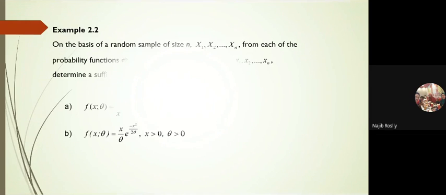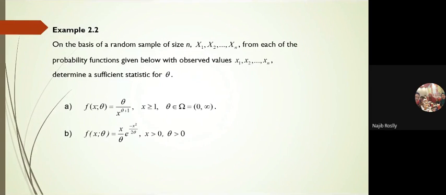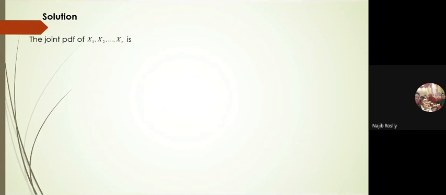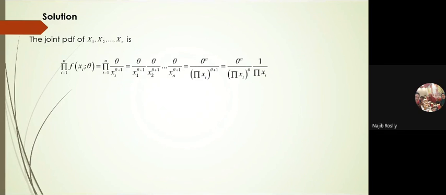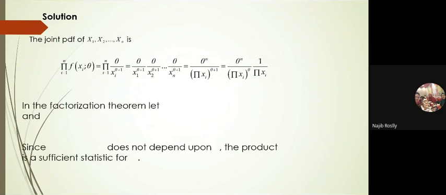Next example, we proceed with theta over x to the power theta plus 1. Same thing: construct your joint PDF and then split into two parts.